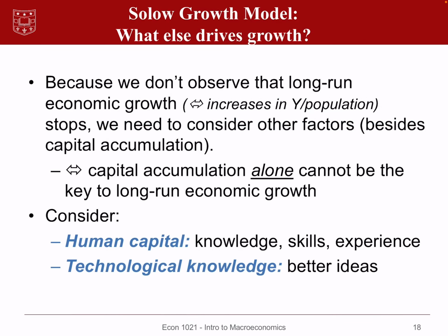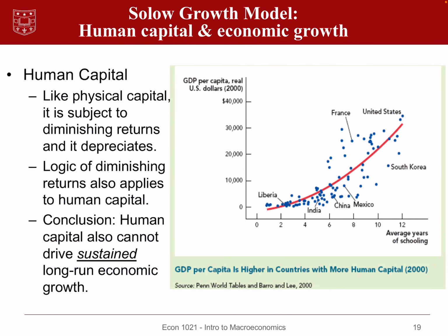Well, we have two things that we haven't considered. We haven't considered human capital and we haven't considered technological knowledge or technological progress. So, what can we say about human capital?